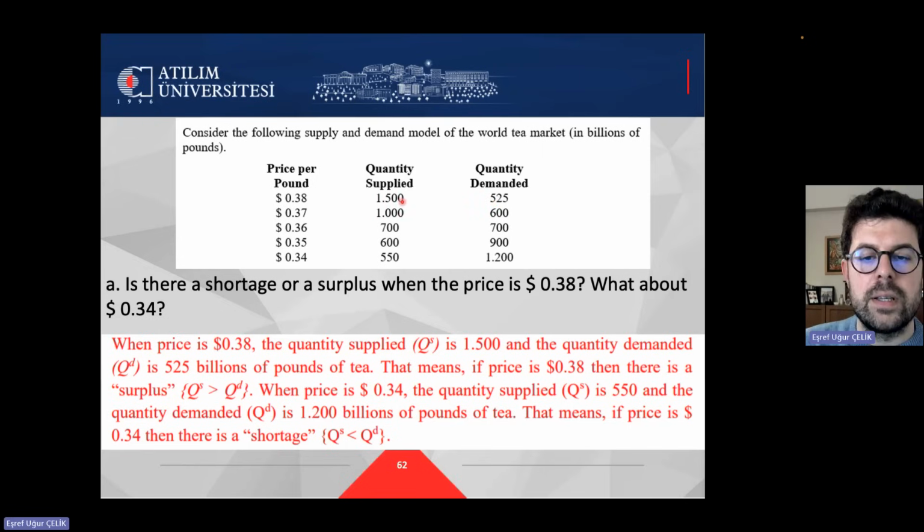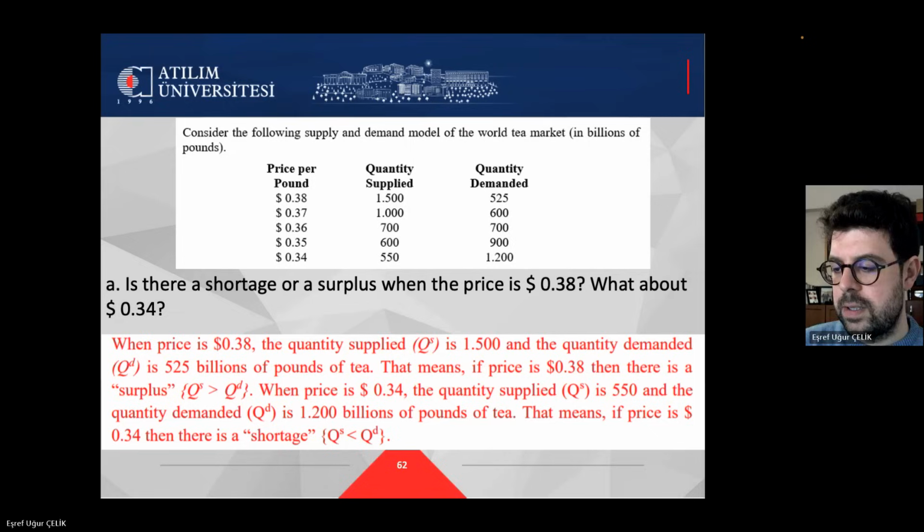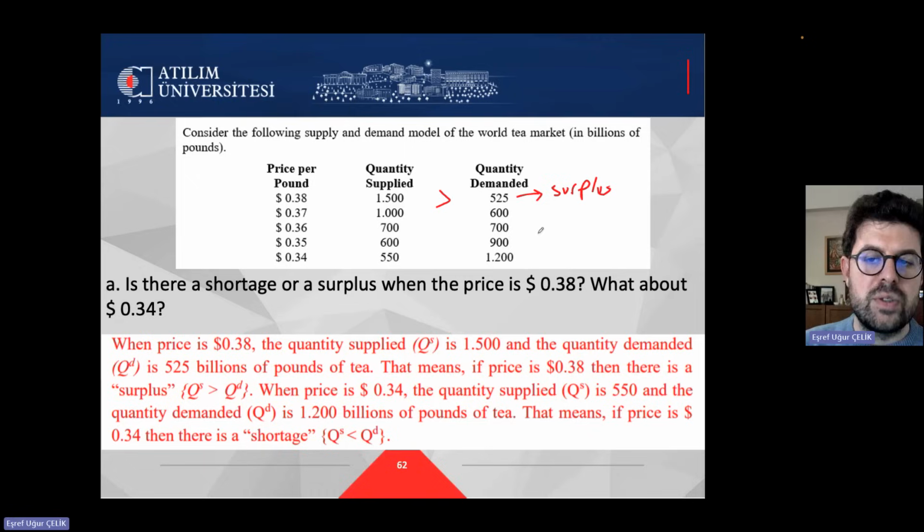As you see, the quantity supplied is greater than the quantity demanded over here. So this is called a surplus. And the difference shows how much the surplus or excess supply is.